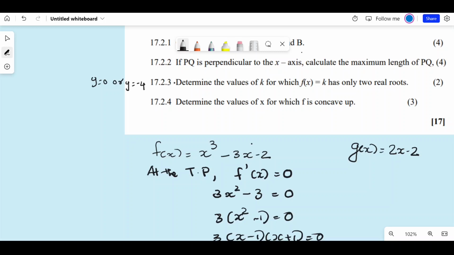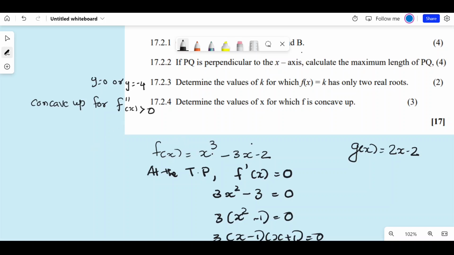The answer for 17.2.3. For 17.2.4, determine the values of x for which f is concave up. For any cubic function f, it is concave up for f double prime x greater than 0.